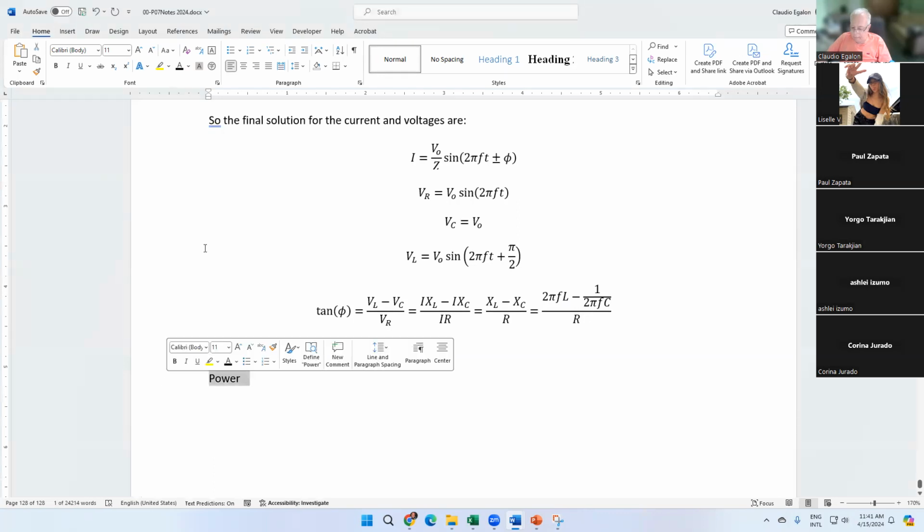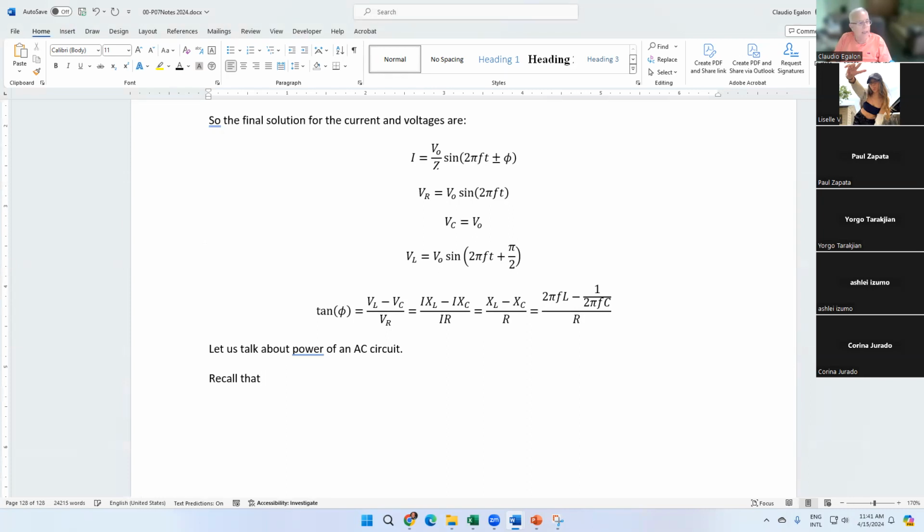Recall that power of a DC circuit is given by VI, RI squared, V squared over R. We have the same relation for an AC circuit.